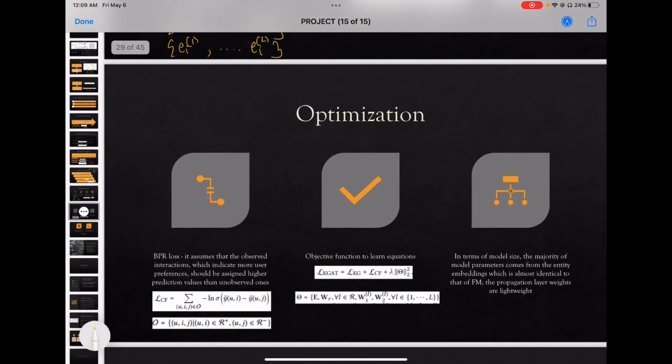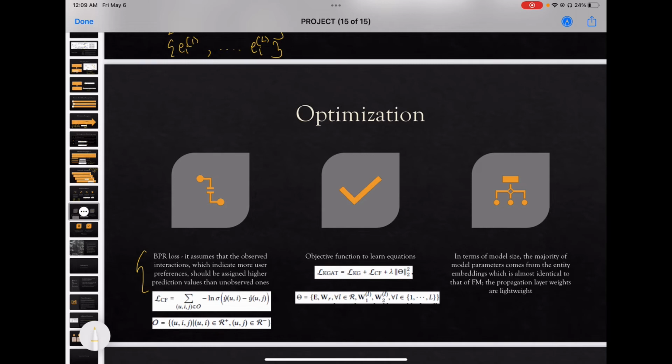Now, how do we optimize this above model? To optimize the recommendation model, we opt for the BPR loss. It assumes that the observed interactions, which indicate more user preference, should be assigned higher prediction values than unobserved ones.